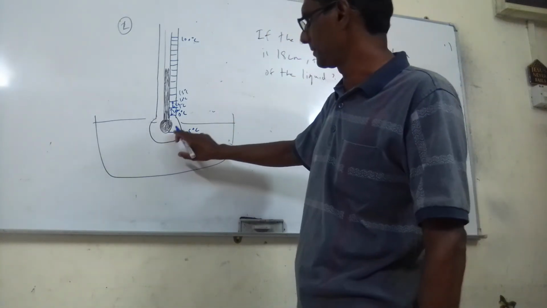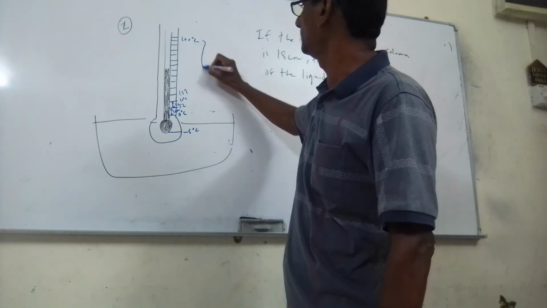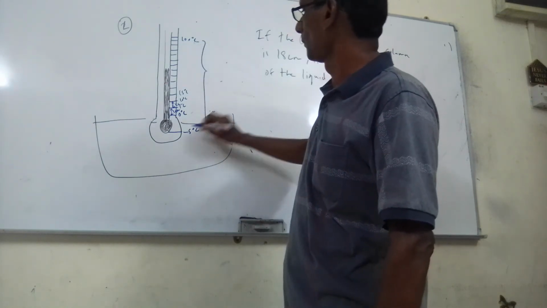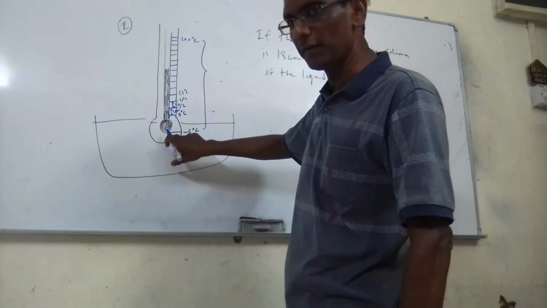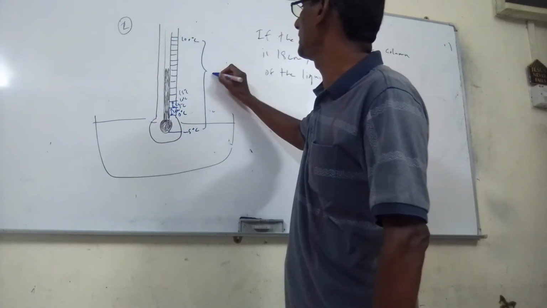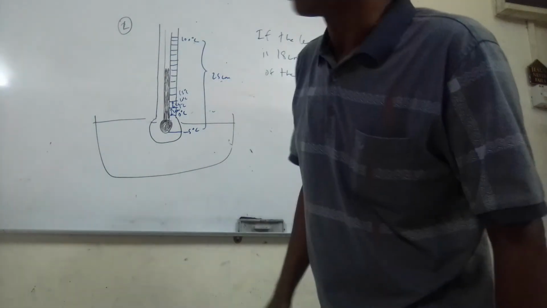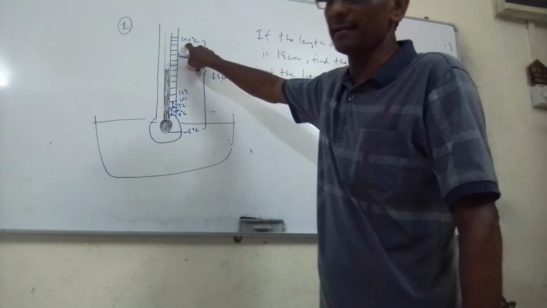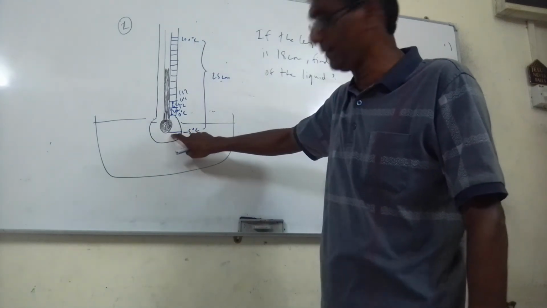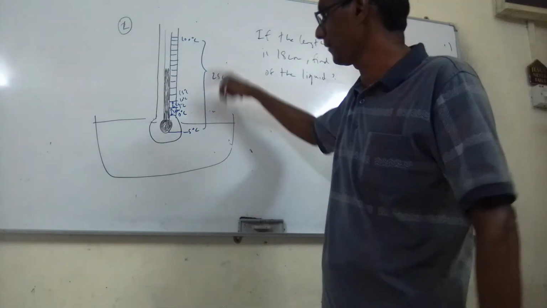So the length of the mercury column from negative 5 degrees Celsius to 100 degrees Celsius is 25 cm.